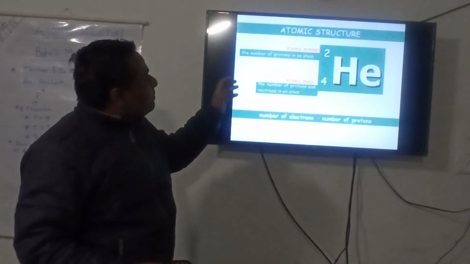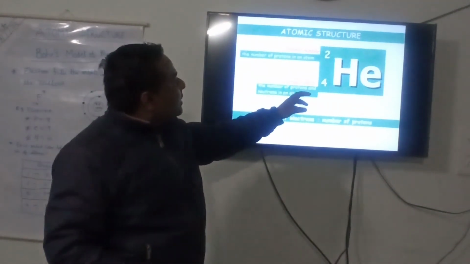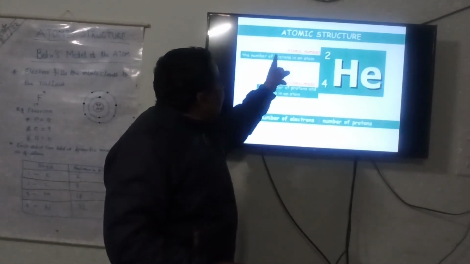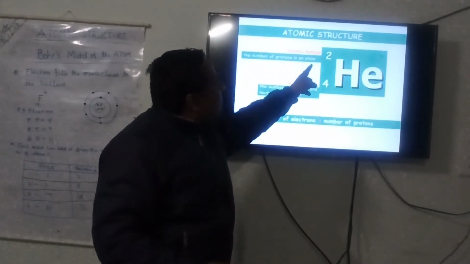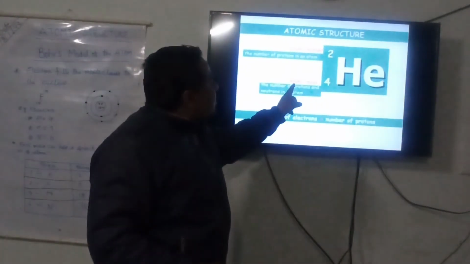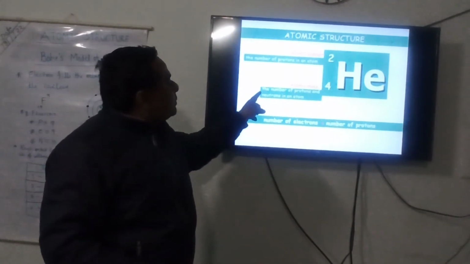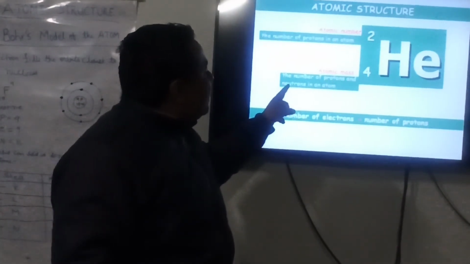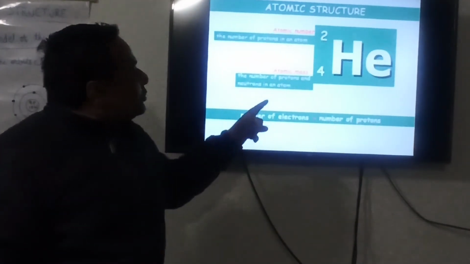We take an example of the atomic structure of helium. The upper number shows the atomic number, which is the number of protons in that helium atom, and the lower one is the atomic mass, which shows the number of protons and neutrons in the atom.